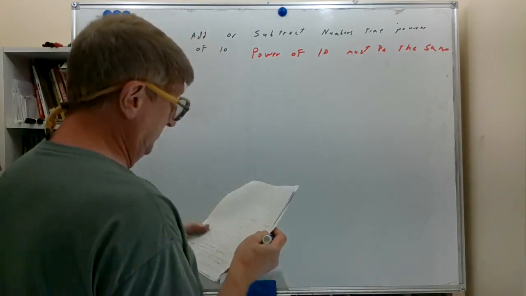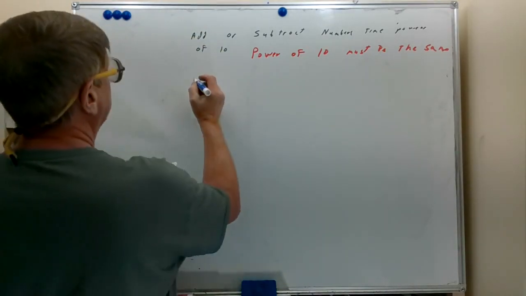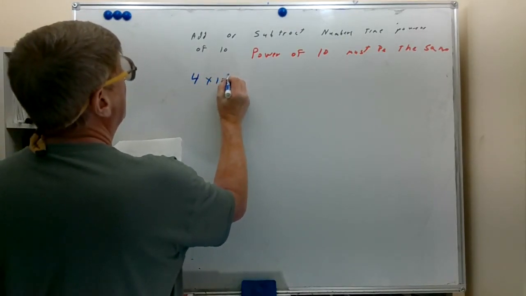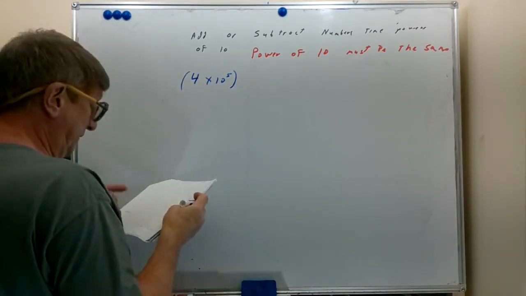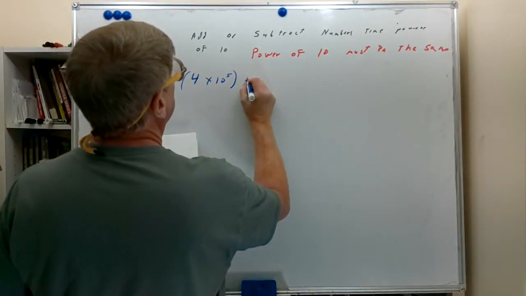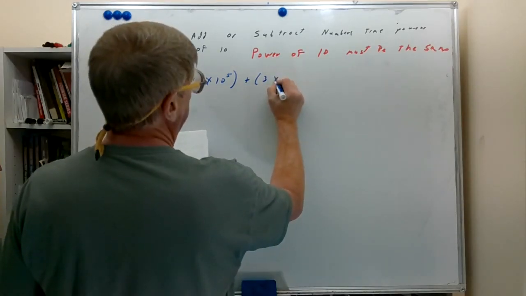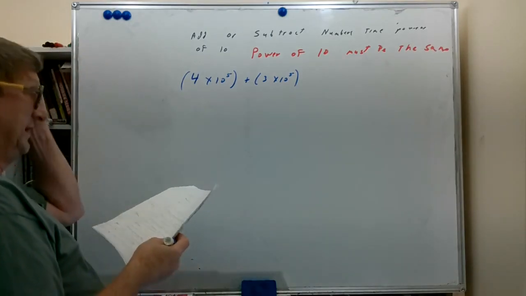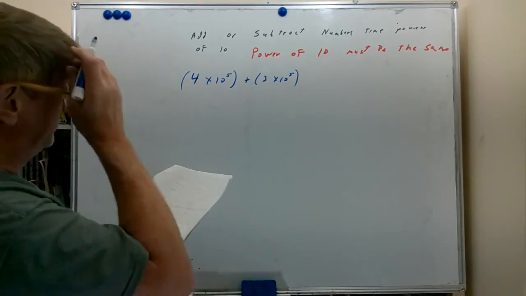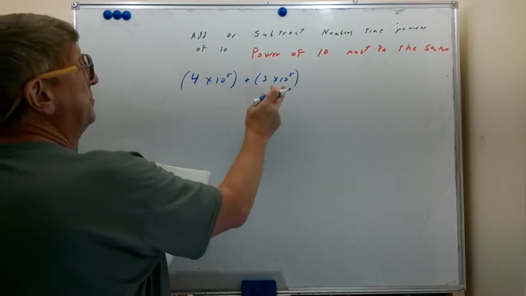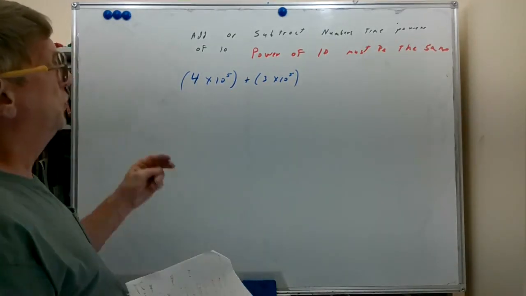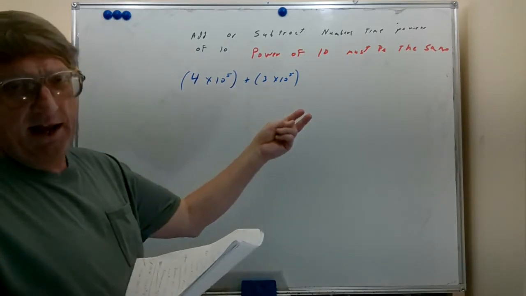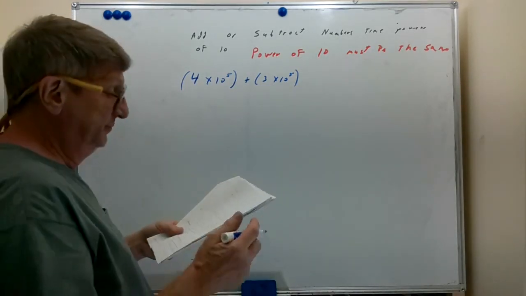Let's do an example of a simple one, which is already in the same power: 4 times 10 to the 5th plus 3 times 10 to the 5th. Now these are both in the same power of 10. They're 10 to the 5th. So the rule for adding these is add the numerical portion and leave the power of 10 alone.